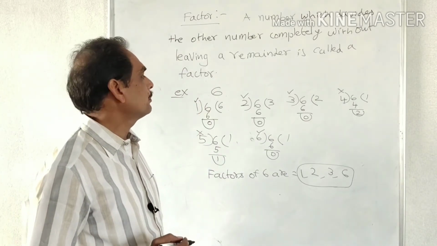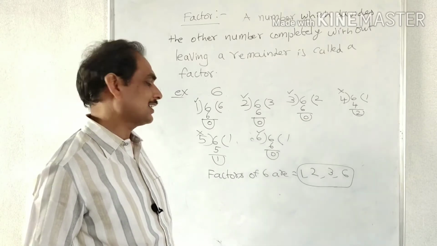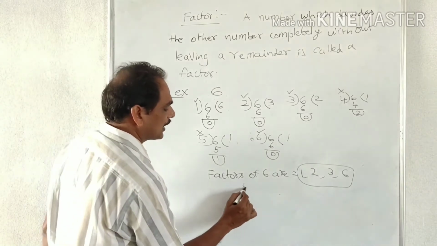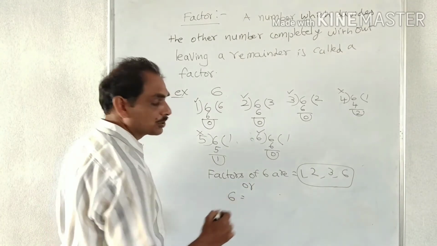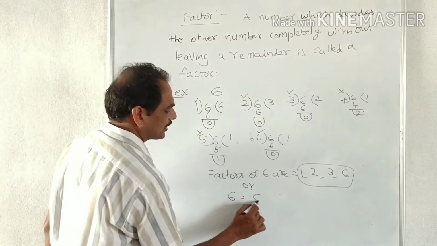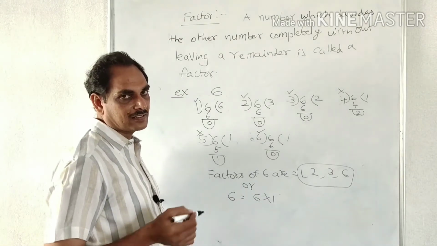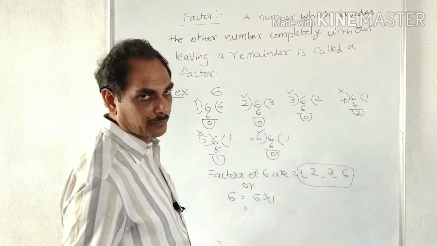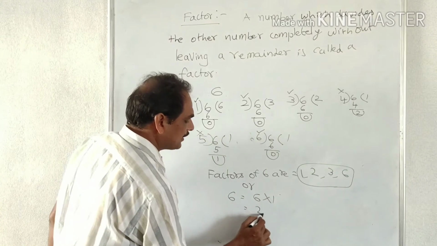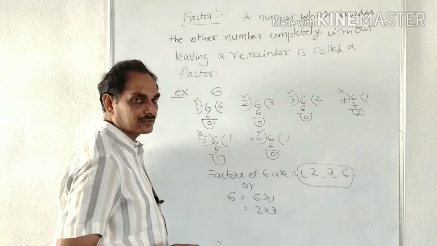So this is the process to find the factors of a number. Or we go to another process, that is tables. So we can always write 6 equals 6 into 1. 6 ones are 6. Next we go to table 2. 2 threes are 6, and 3 twos are also 6.